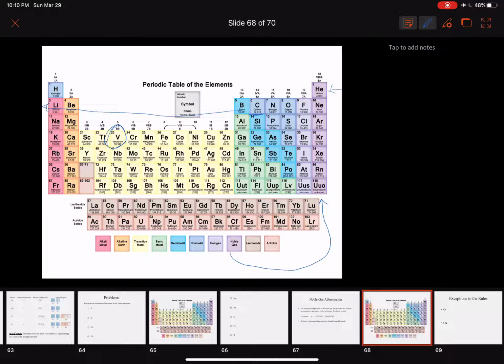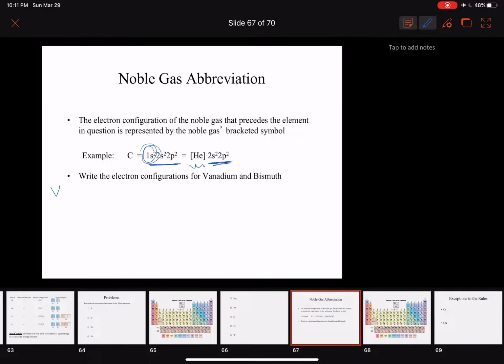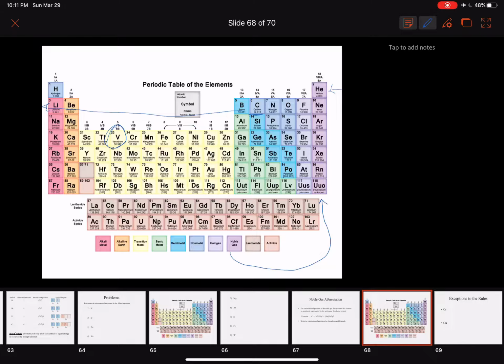Number 23 up there. So we've got 23 protons and 23 electrons. So we'll write that right here. We've got 23 electrons. Again, that's because vanadium is atomic number 23.